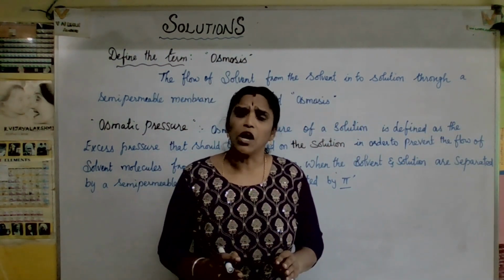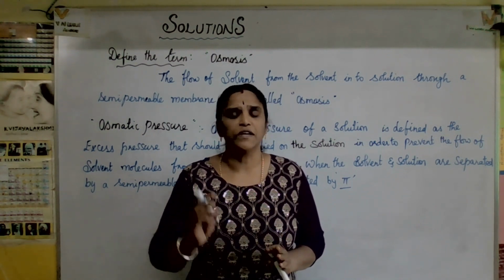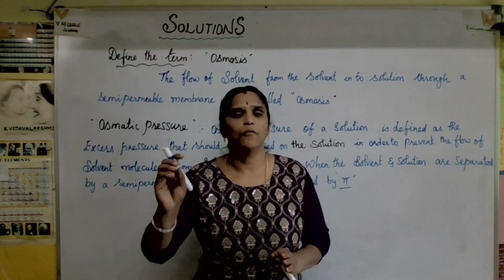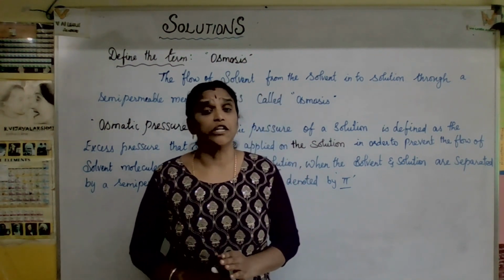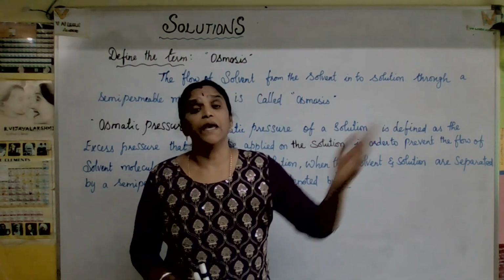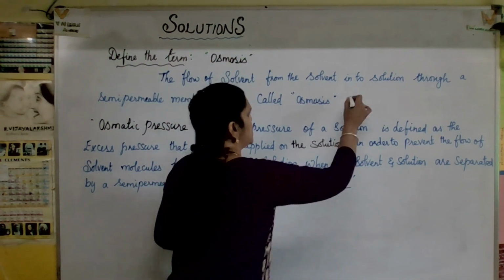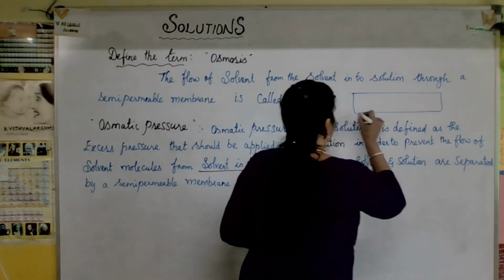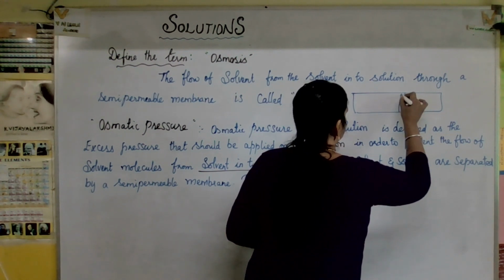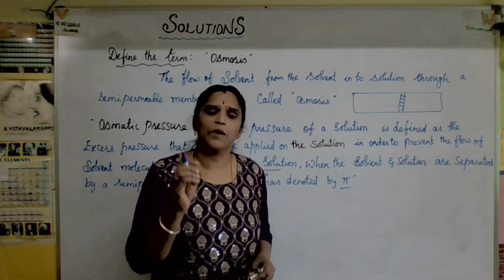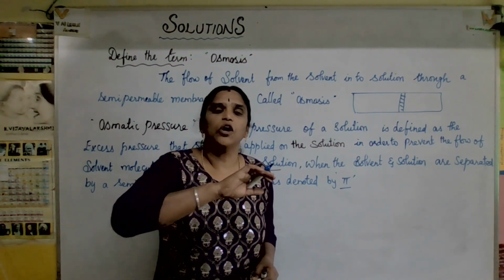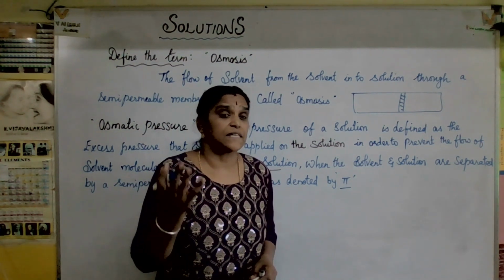Now, when we are talking about solvent, the concentration of solute will be nil, just water molecules. The same way, if you take a solution, the concentration will be higher. Take a container in which there is a semi-permeable membrane. A semi-permeable membrane has small pores, so the molecules flow through it. It acts as a filter.